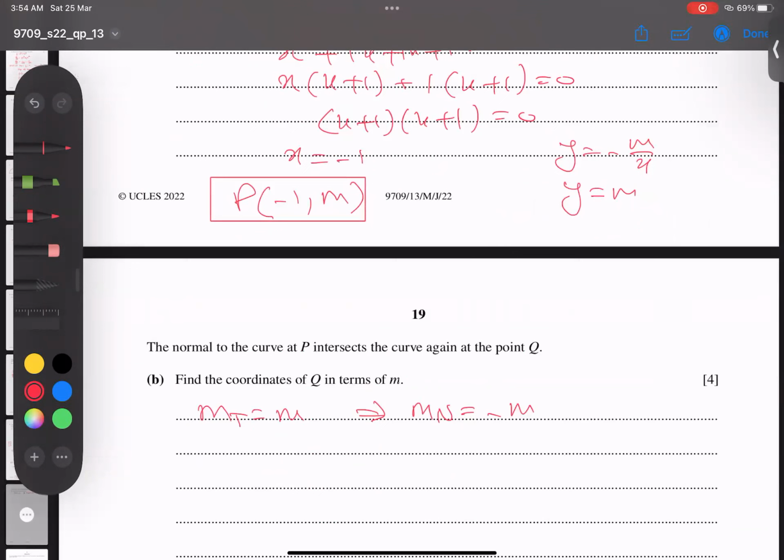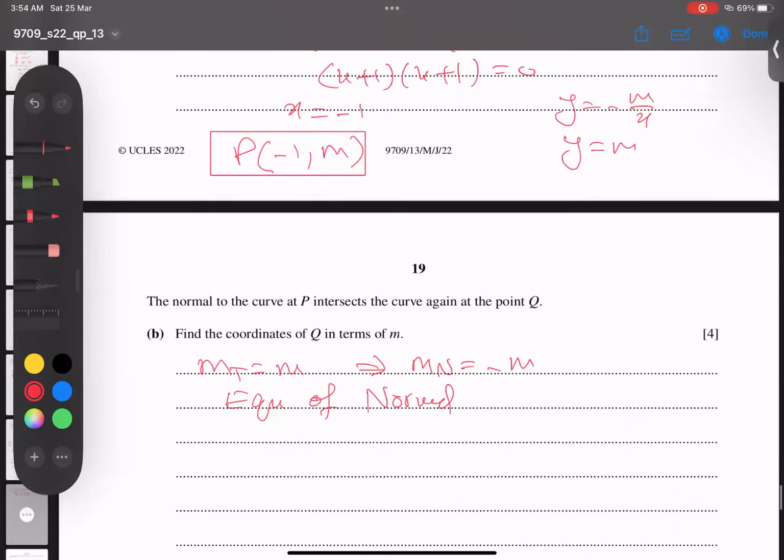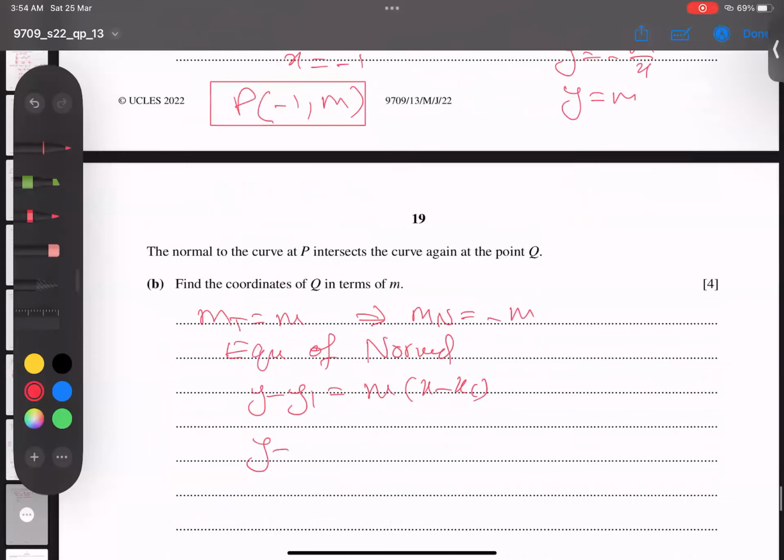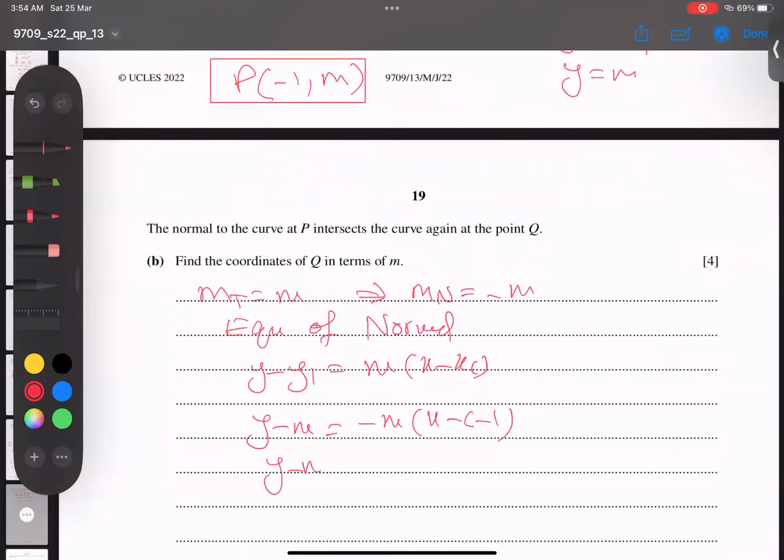And now what equation of normal am I using? The equation is very clear and you know it very well: y minus y1 equals m times x minus x1. So y1 is very clear. We have m, and the gradient is negative m and x is minus 1. I took from here on the top and typed it in: y minus m equals minus m times x plus 1.